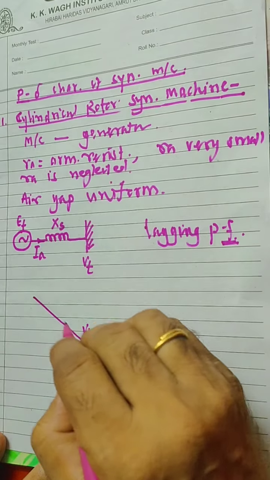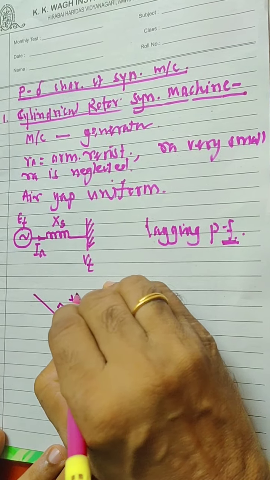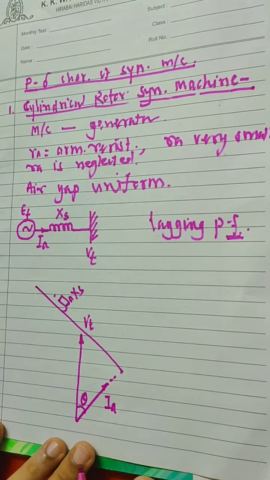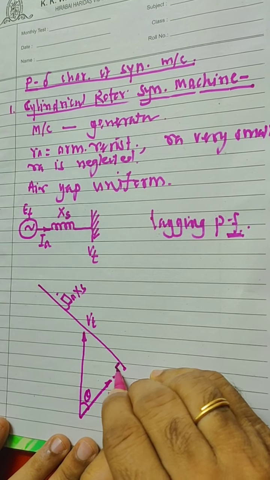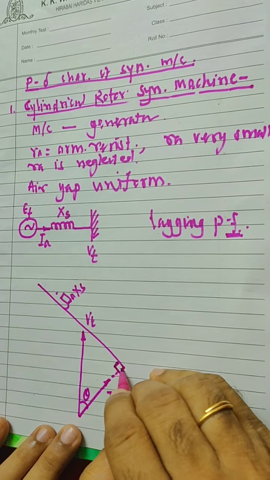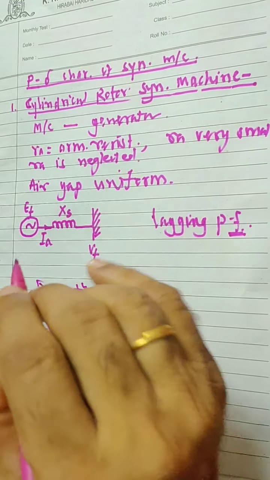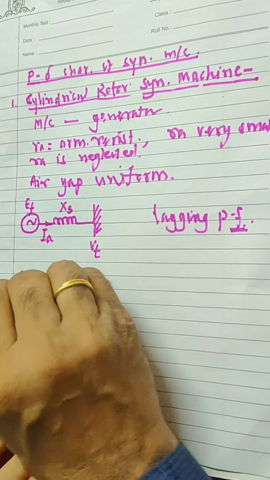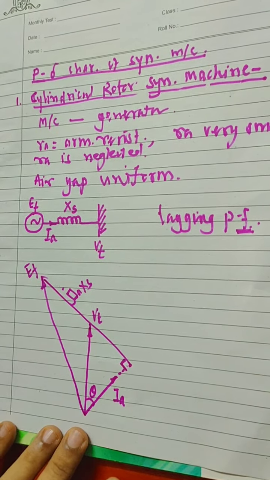So this is j Ia Xs, the drop, which is 90 degrees to Ia, and this is Ef, the EMF induced in the alternator.